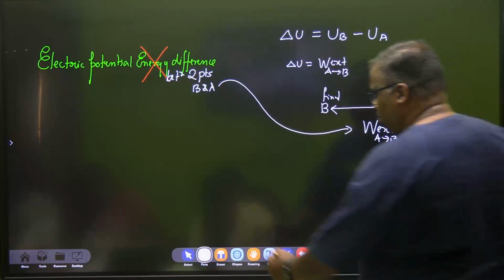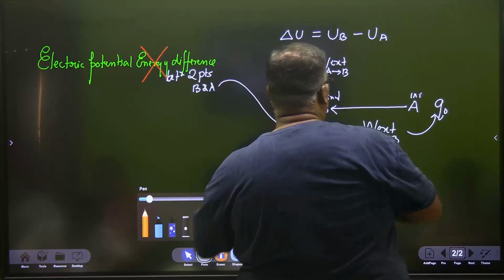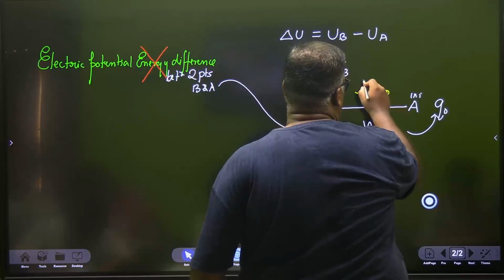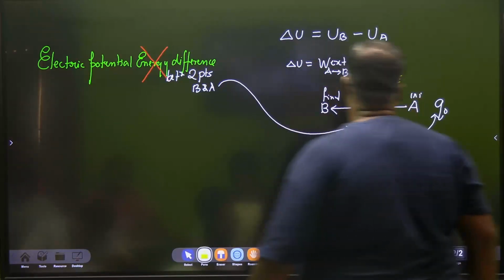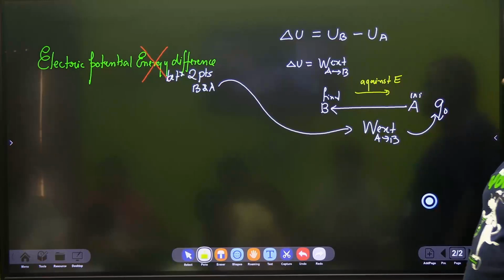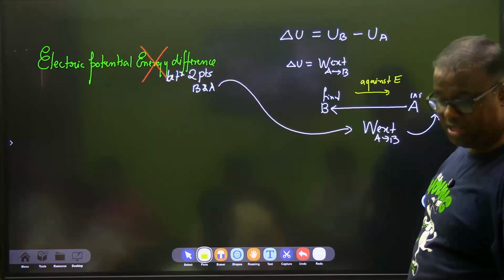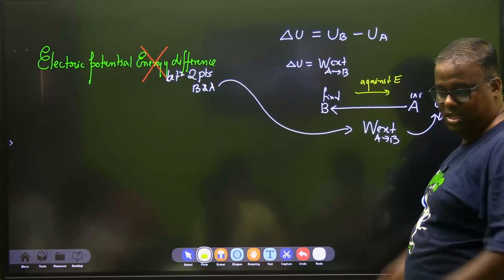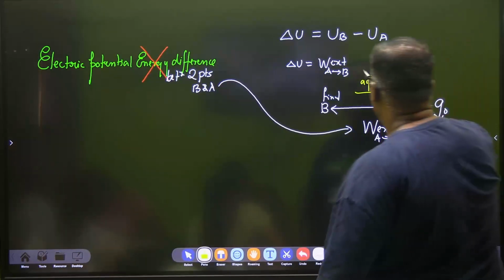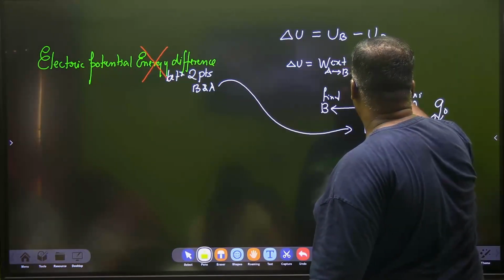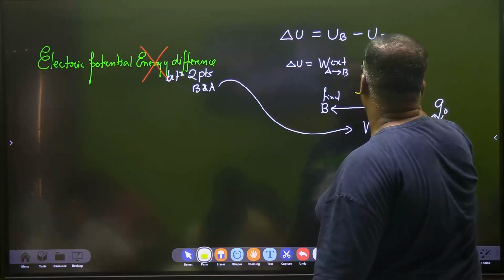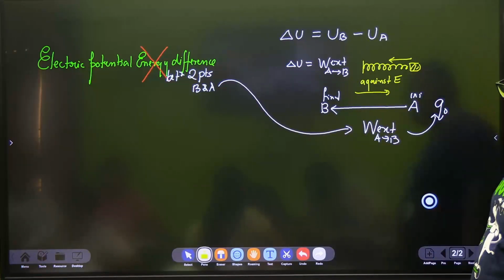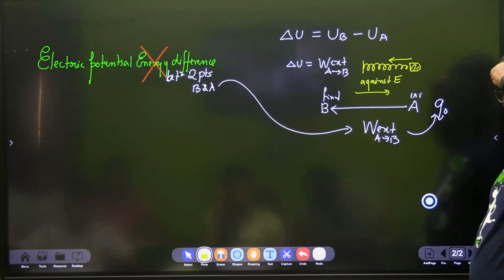You are moving it from A to B against an electric field. That's why the potential will be developed, against the electric field. You can draw this diagram also. You are trying to move it this side. This is the concept, against an electric field, right?